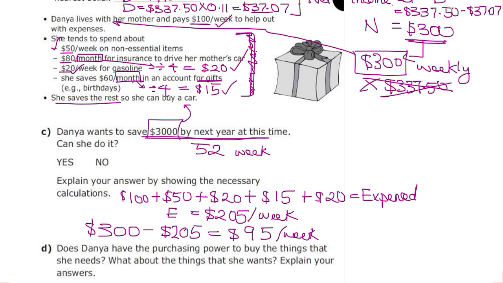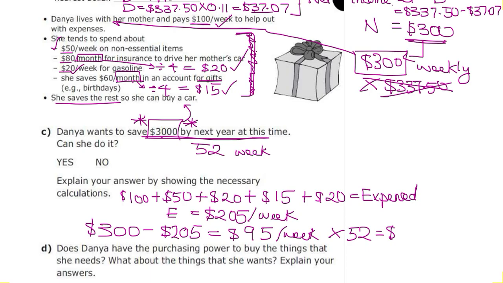So this $95 will be contributed, hypothetically, to her savings in order for her to raise $3,000, which is what we have right here, in order for her to buy a car by next year. So from now until 52 weeks, she will have to multiply this number here by 52 in order for us to find out how much money she would have raised at the end of the 52 weeks.